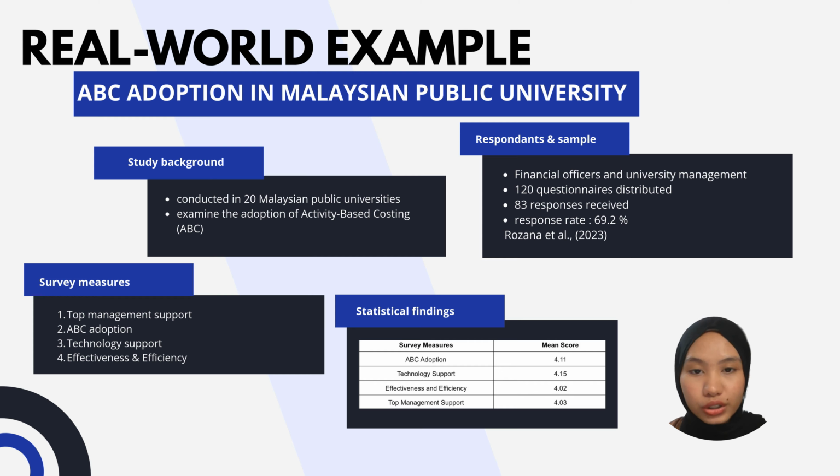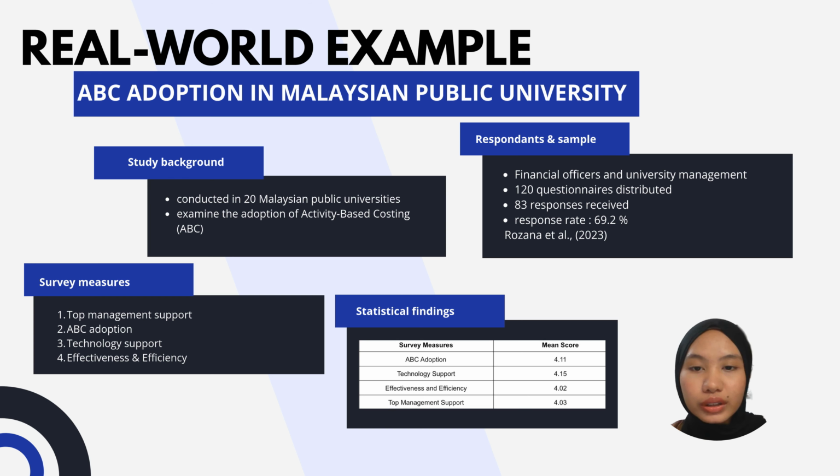In terms of methodology, the study used a quantitative research approach. The researchers distributed structured questionnaires to individuals who are directly involved in the financial management within the universities. These respondents included bursars, accountants, directors, and other financial officers.